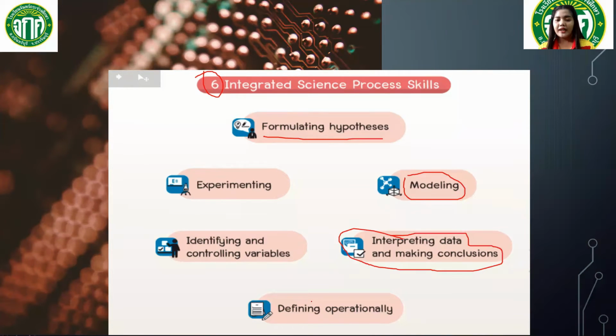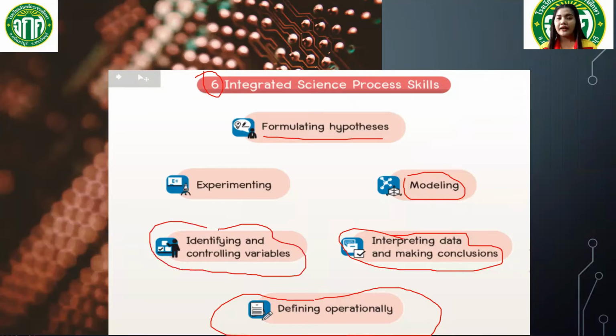Next, number 4, we have defining operationally. Next, number 5, we have identifying and controlling variables.